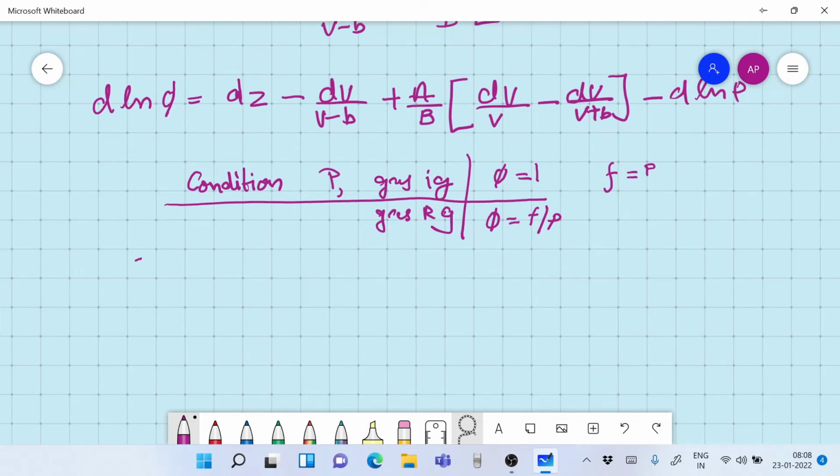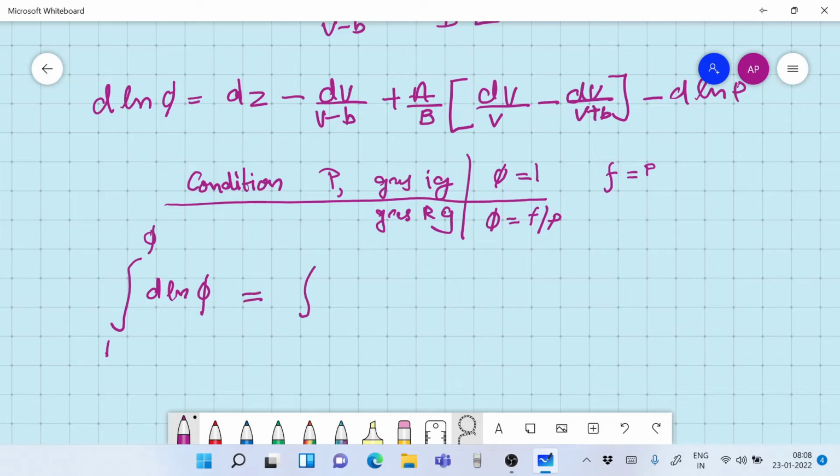So we can integrate the LHS from a condition of an ideal gas to a condition of real gas, d ln of phi.